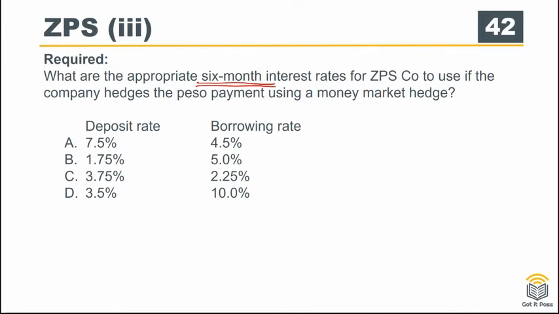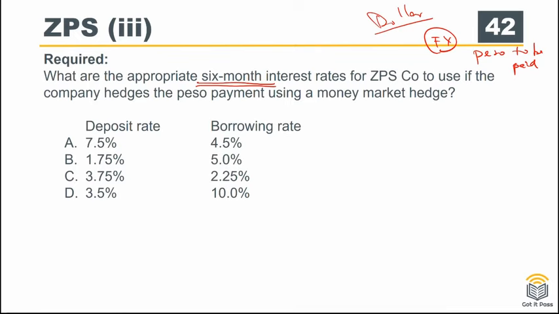So you have to remember the steps. You have the peso to be paid in 6 months. It is the foreign currency. You have the dollar, which is the local currency. You have the demand in foreign currency, the payment, in 6 months' time.